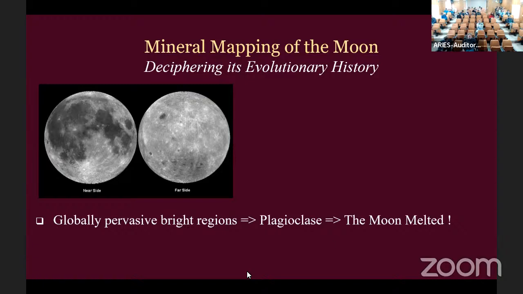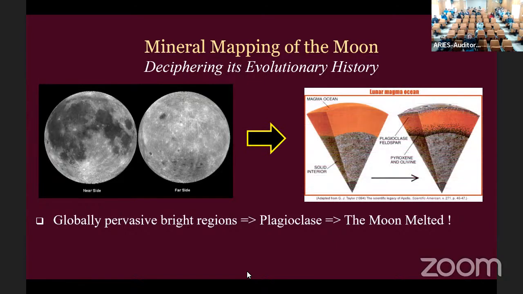Now, if you are a student of geology, you will know that on a planet-wide scale, if you have to produce just a single mineral, there is no other way but to melt the entire planetary body. So just this one piece of information, that the bright regions are plagioclase and it is pervasive all across the moon, tells you that the moon melted.